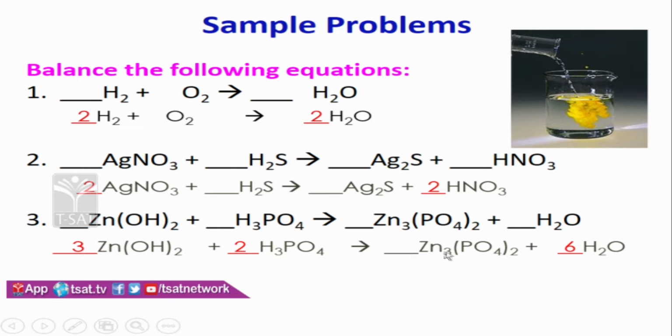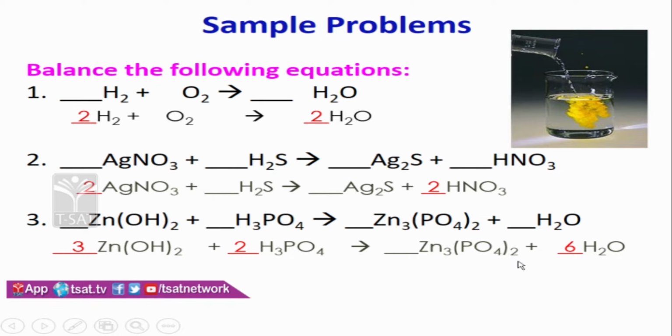So, simply put 3 here, then 3 into Zn, 3 atoms of Zn. Then this OH twice, 2 into O into 3. So, 3 into 2O, that means 6 oxygens. Here 8 oxygens are there, 6 plus 8, 14.